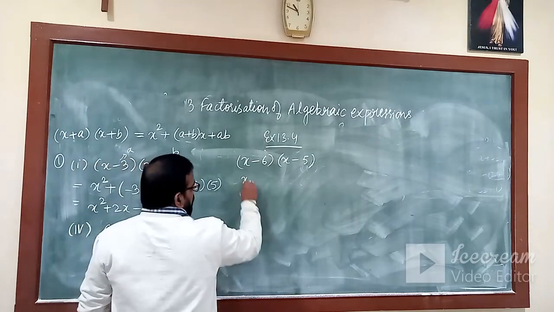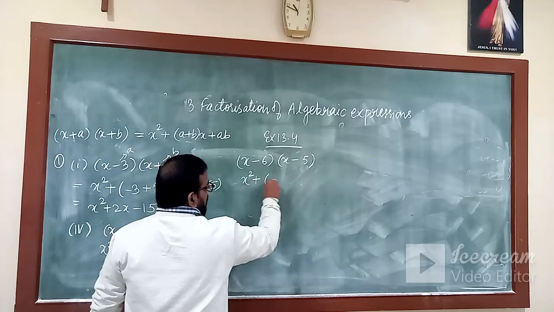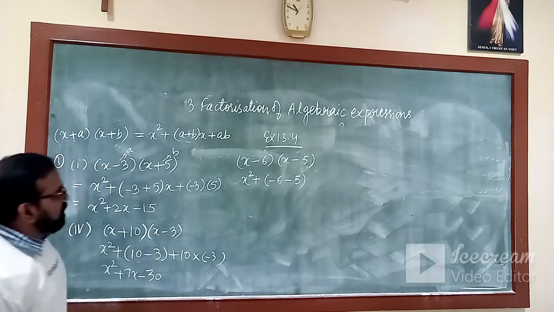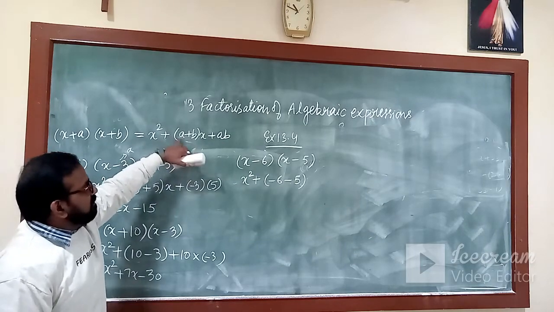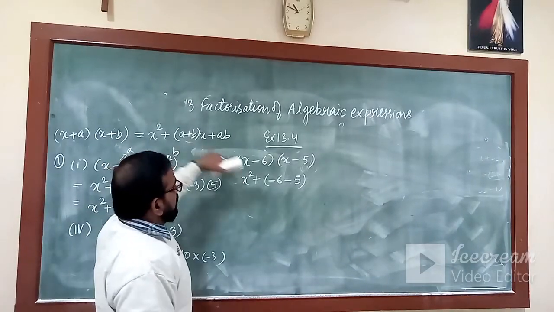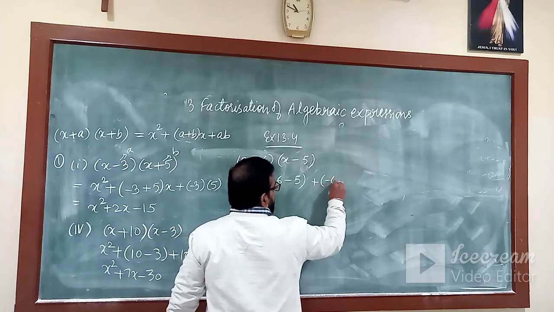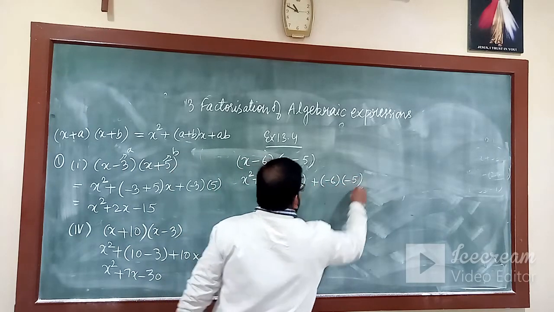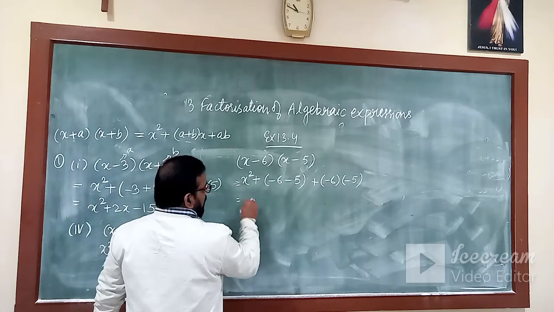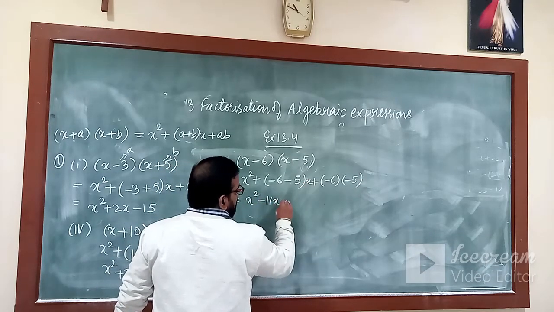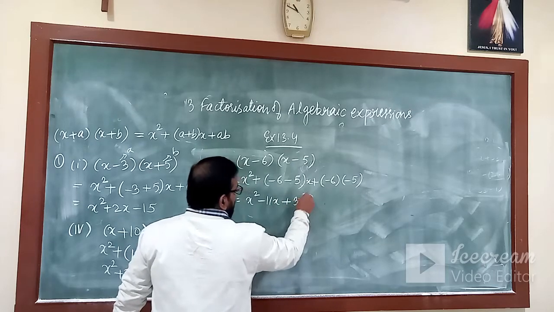So again we can solve it. Plus sign I will put here, and here it becomes (minus 6 minus 5)x, and again plus sign, minus 6 into minus 5. So what will I get? x square minus 11x plus 30.